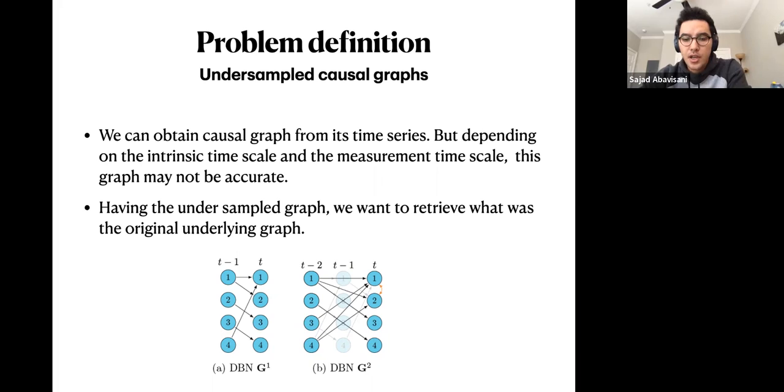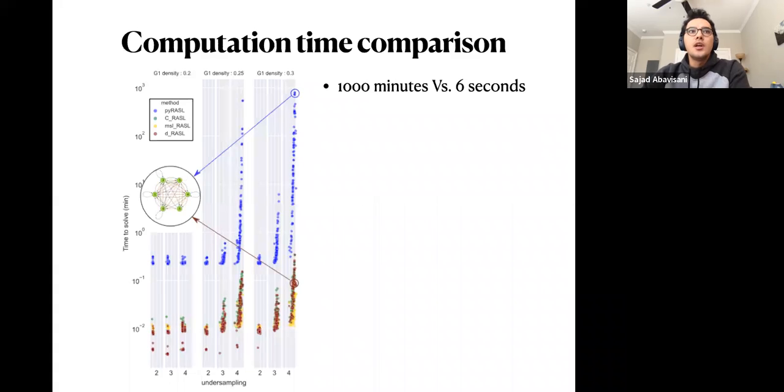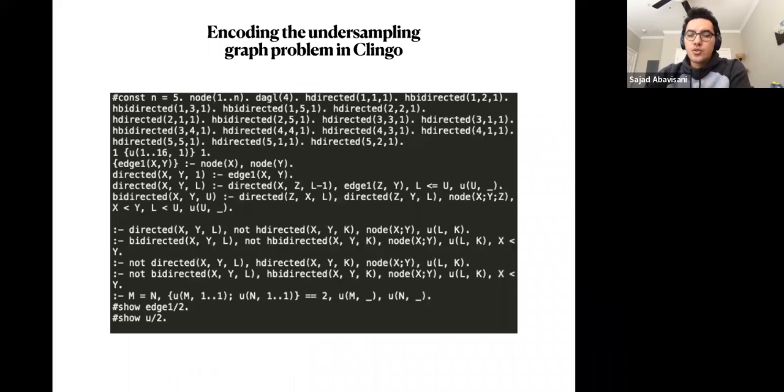For example, here, the gray node in the middle is affecting both node 1 and node 2. And this will show its effect as a bidirected edge between the 2 nodes. So here we are saying the same thing, but about bidirected edges.